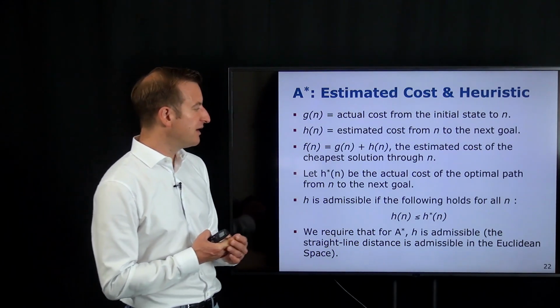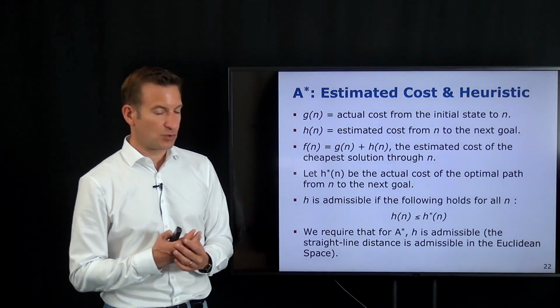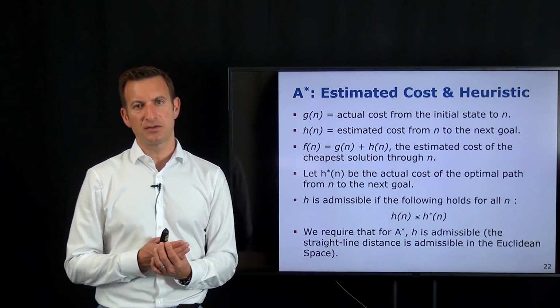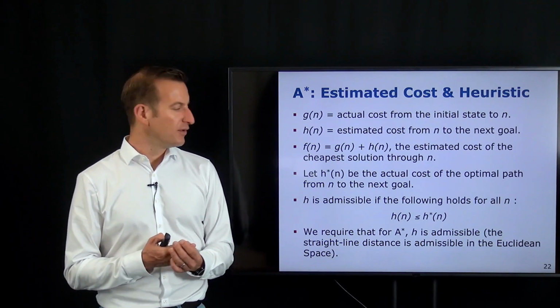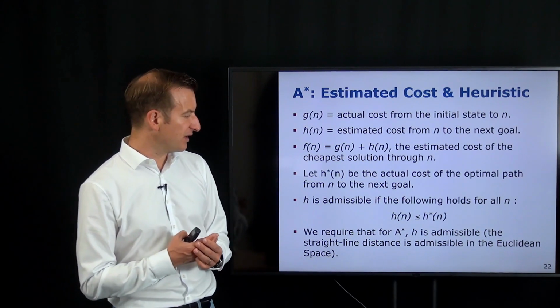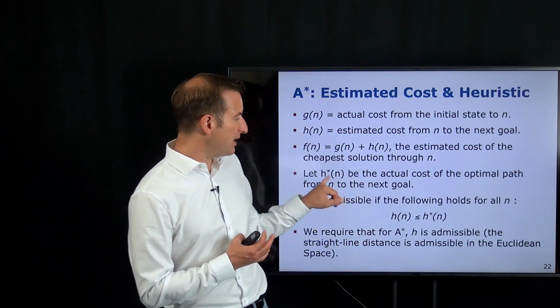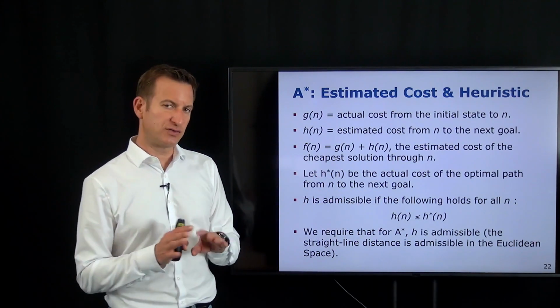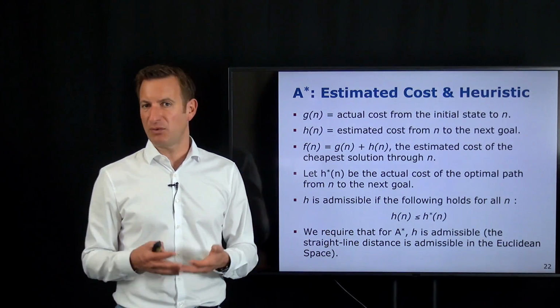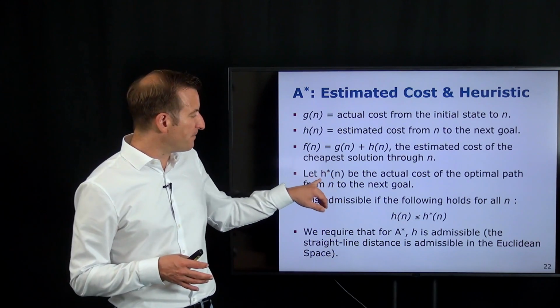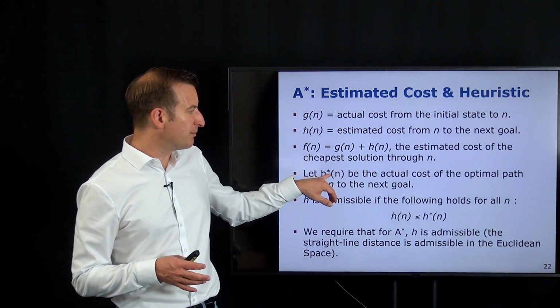And the second thing is that this heuristic should always underestimate the real cost, or be identical to the real cost. This is when we call a heuristic admissible. That means assuming we would know the perfect cost, that would be basically the result of our planning algorithm already. We wouldn't need to plan, we would just need to follow a gradient. But this is what is called h star, the perfect heuristic.